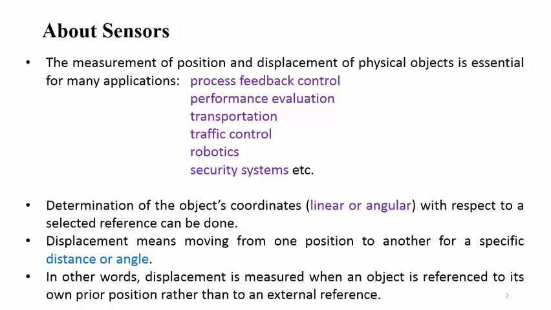So determination of the object's coordinates, either linear or angular, with respect to the selected reference can be done with the help of these kinds of sensors. Displacement is nothing but moving from one position to another for a specific distance or angle, so as I said, linear or angular.